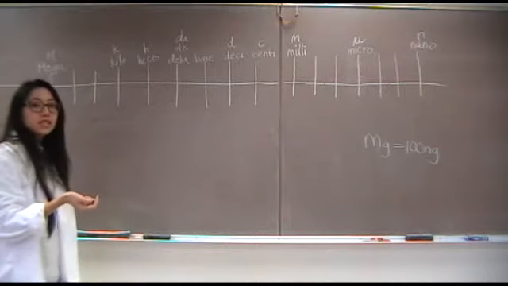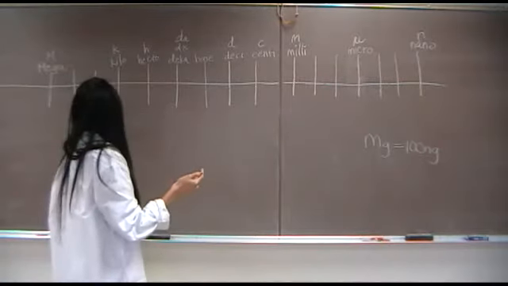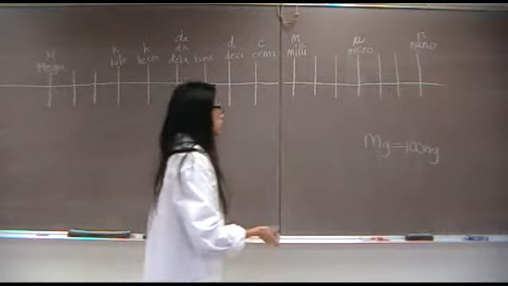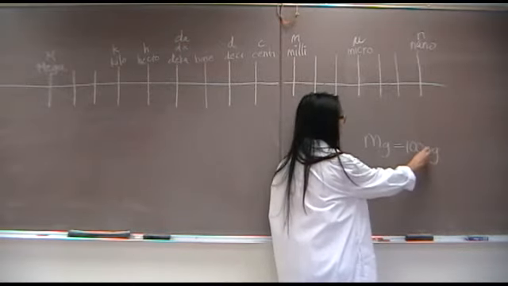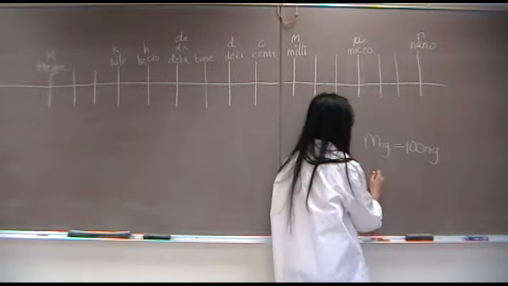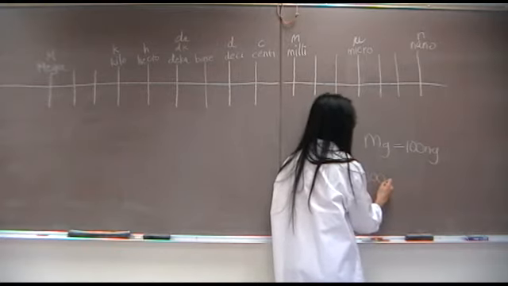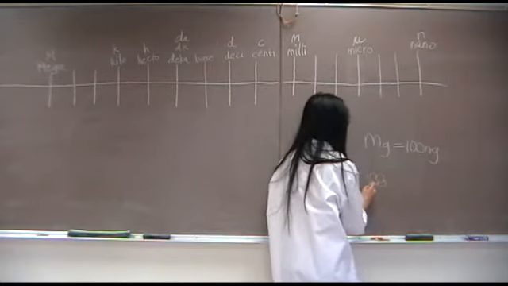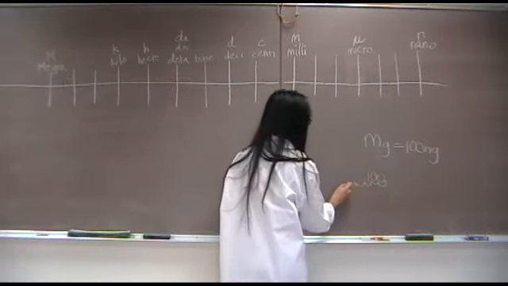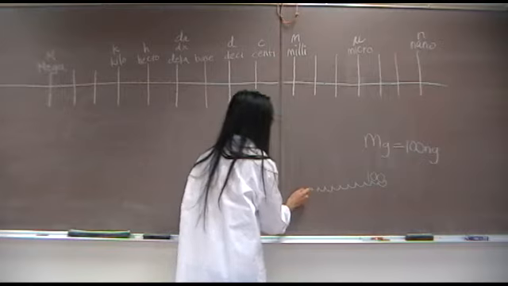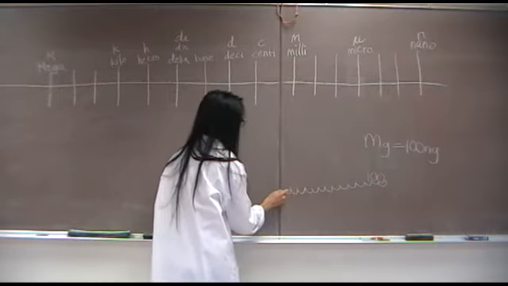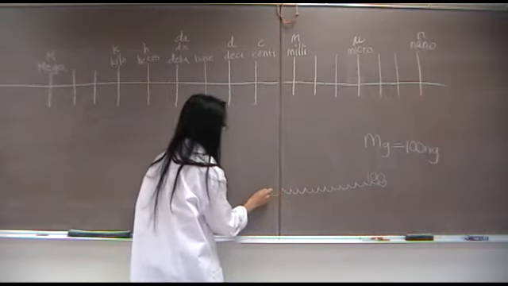So that's 15 spaces to the left. So now we're going to take our decimal point and move it 15 spaces to the left.